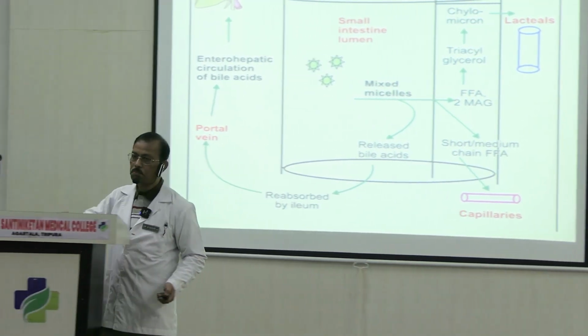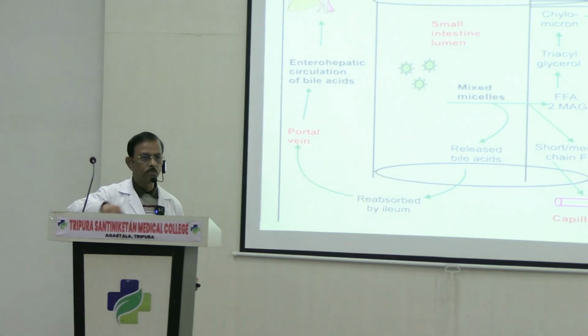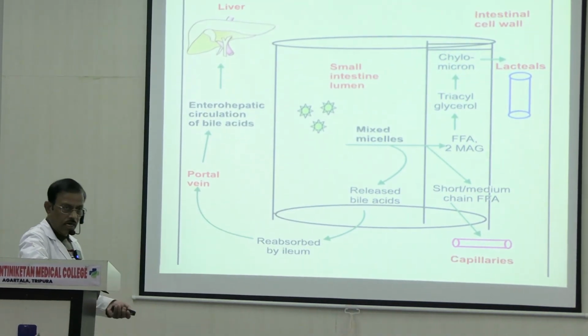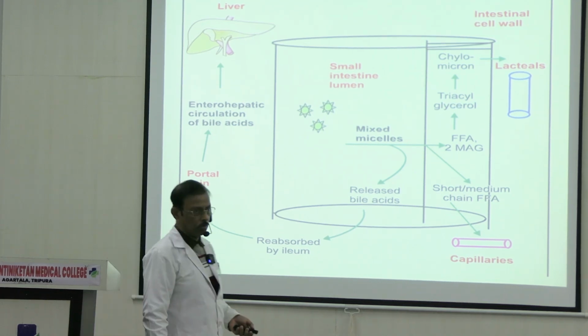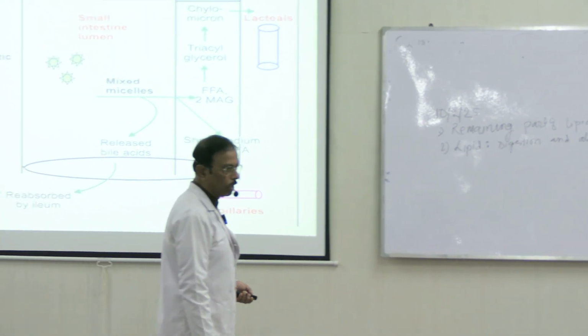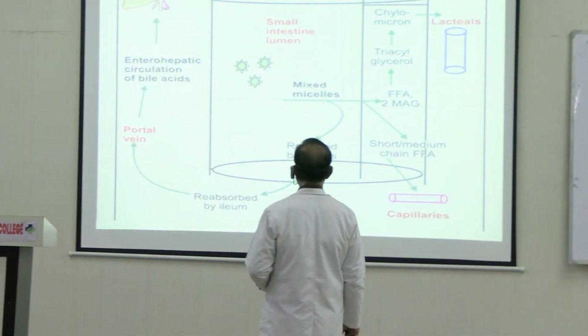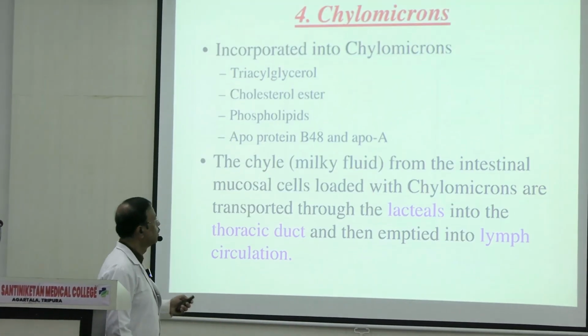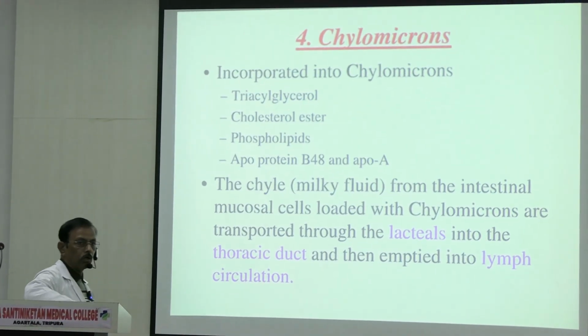These are part of the lymphatic system. These are carried to the thoracic duct, and from the thoracic duct to the vein. Then they are carried to the liver and peripheral tissue. Now, what are chylomicrons? Short note.